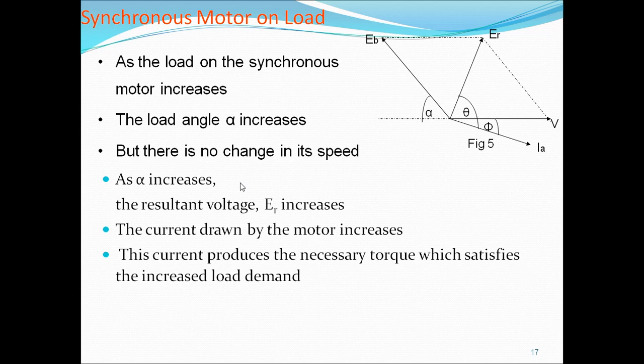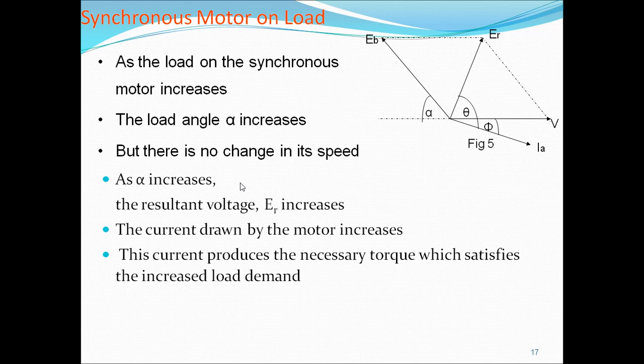When armature voltage is 0, automatically armature current is 0. That is, the vector difference is 0 and the armature current is 0. This is called the ideal condition. Hence the motor is said to be floating as there is no input and no output.